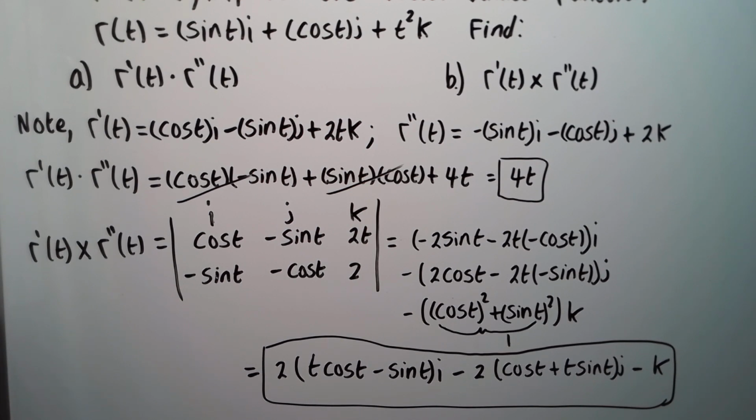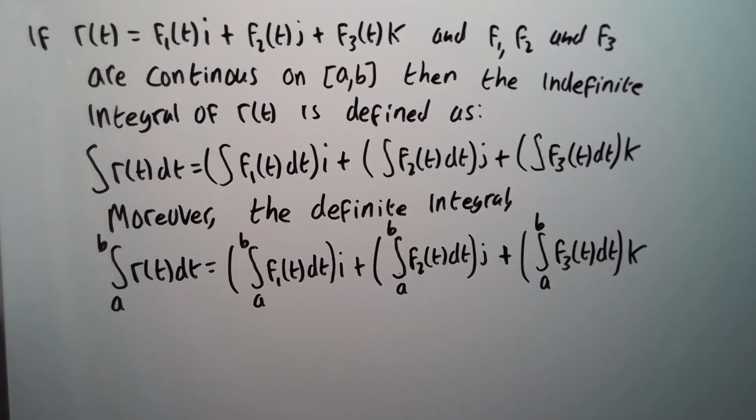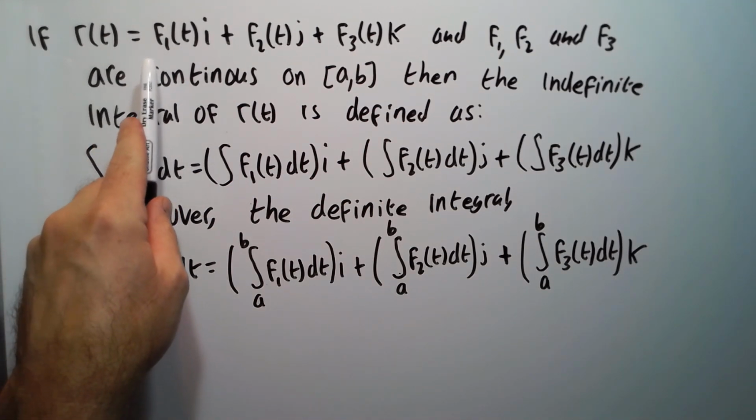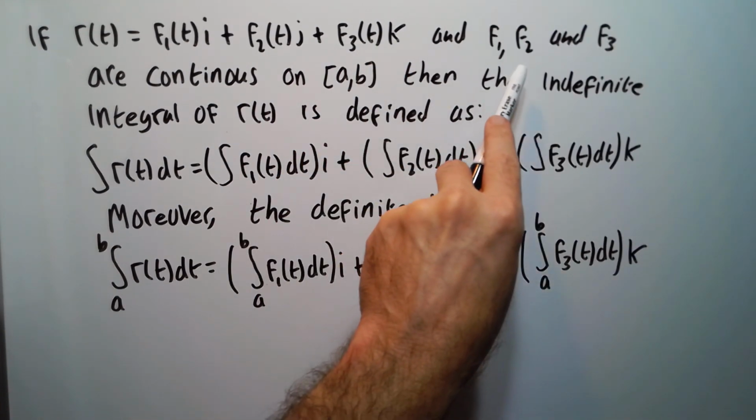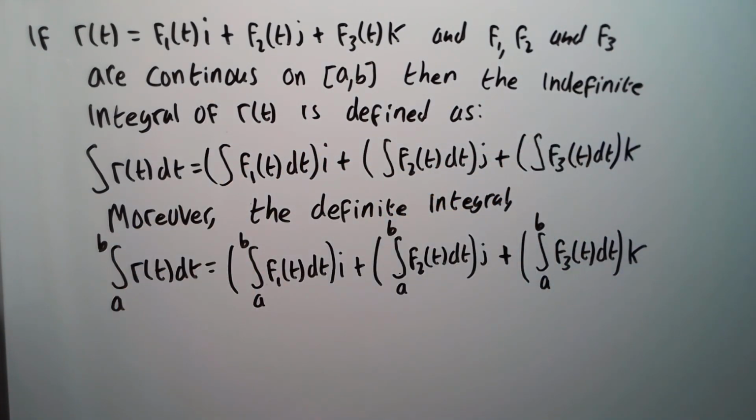Now let's move on to the next part, which is talking about integrals of vector valued functions. So I'm going to erase this now. Okay, so now let's talk about how to integrate a vector valued function. So let r be a vector valued function f1 i, f2 j, f3 k, where f1, f2, and f3 are continuous.